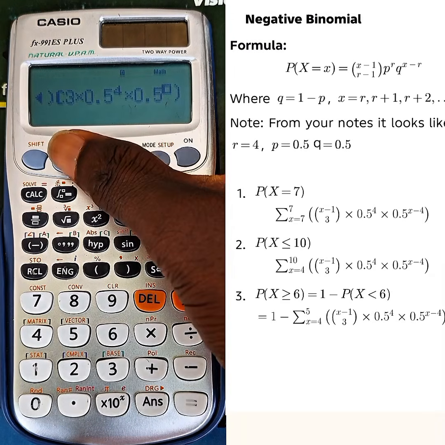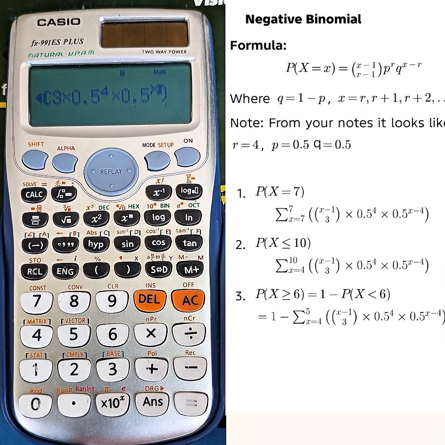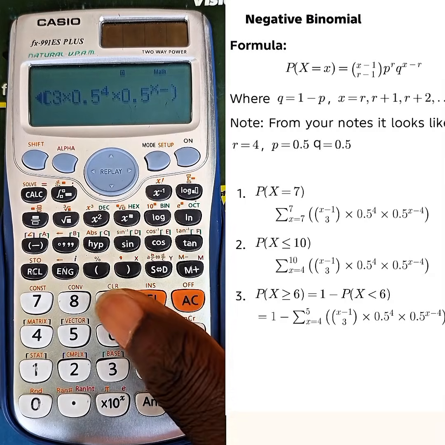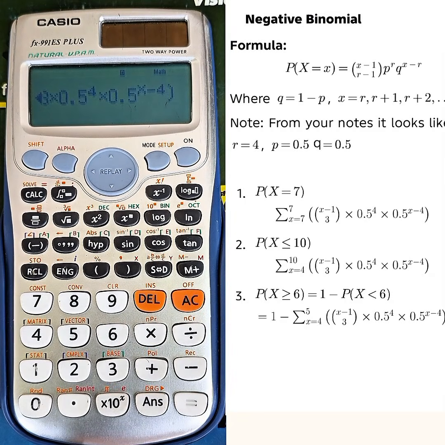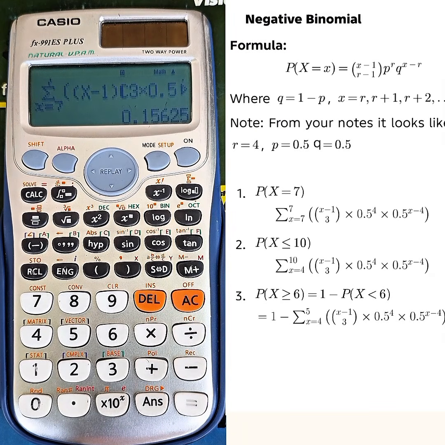So we are going to put alpha x minus 4. All we have to do now is to press our equality sign. When we press our equality sign, we'll have our answer as 0.1563. So that's how to get the fourth case on the 7th test.